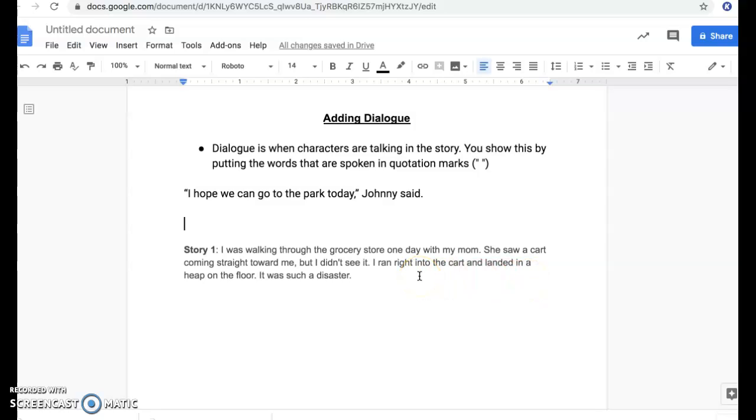It was such a disaster. Now, there's no dialogue in this story. The narrator, the person telling the story, is telling the story, but the characters in the story are not talking, right? There's no quotation marks. No one is saying anything in the story.